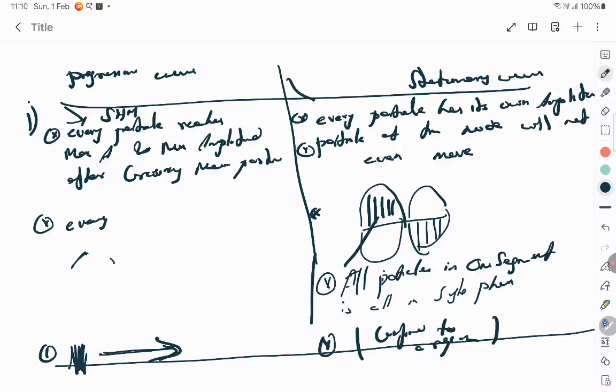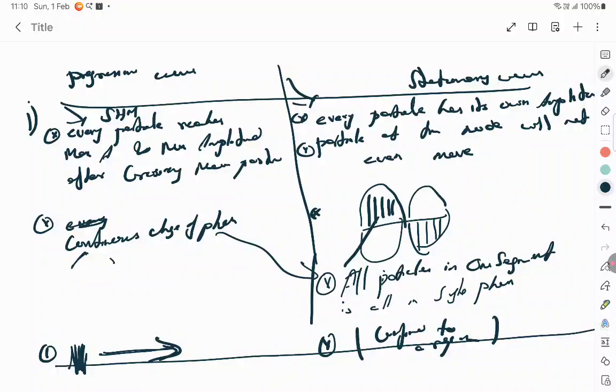Whereas in the stationary wave, the points at the nodes will remain stationary, and all other particles will move about the mean position but with varying amplitude. The next point: in a progressive wave there is a continuous change of phase between one particle and the next. Every particle has its own phase. But in a stationary wave, all particles in one segment have the same phase.